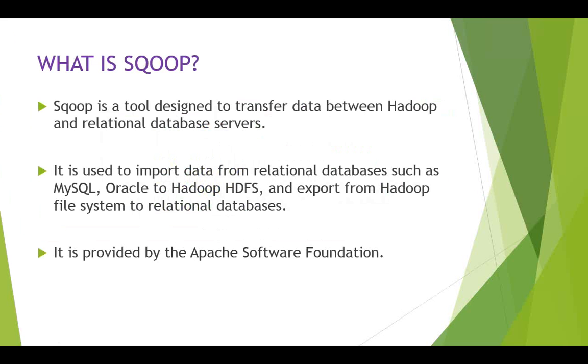Sqoop is an open source framework licensed under the Apache Software Foundation, like other open source software. The basic use of Sqoop is only to import and export data between the relational database, that is the RDBMS, and HDFS. This is the only work of Sqoop.